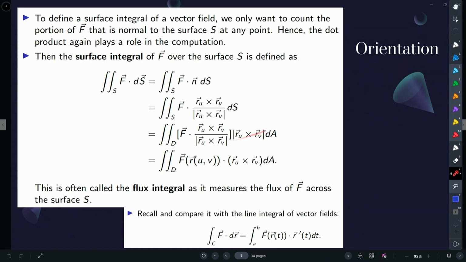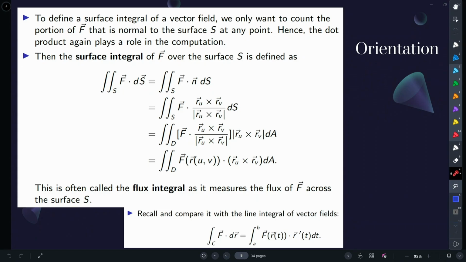So this correction factor and that correction factor actually cancel out. And the integral just comes out to be this: the vector field evaluated at points on the surface, dot product with a normal vector. Not the unit normal vector, just the normal vector that's given by the cross product of the two.